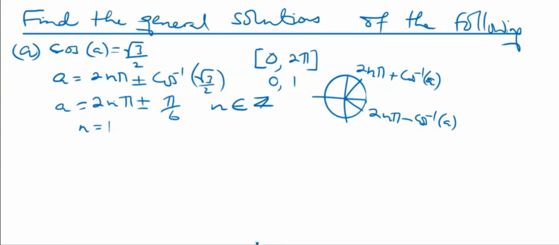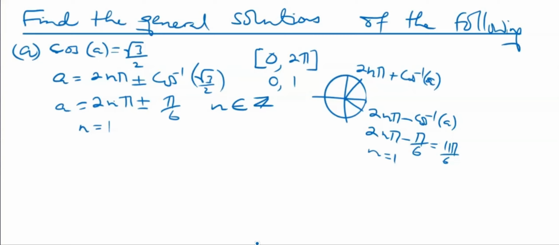If n equals 0, which is the first quadrant, it's going to be pi on 6. If n is 1, 2n pi on 6 gives 12 pi on 6, and 12 minus 1 is 11. So 11 pi on 6 is in the fourth quadrant.